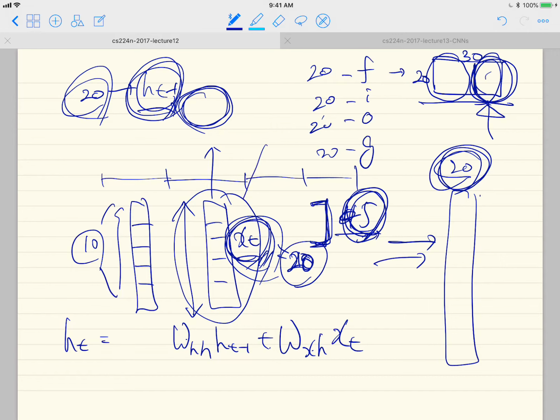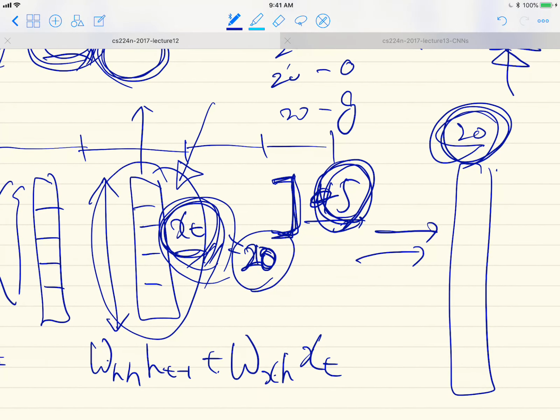So why is it possible to apply the convolution on this input vector? The reason is that in this input signal, the adjacent dimensions have real meaning.